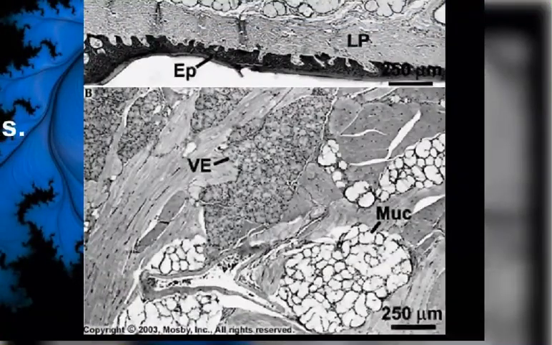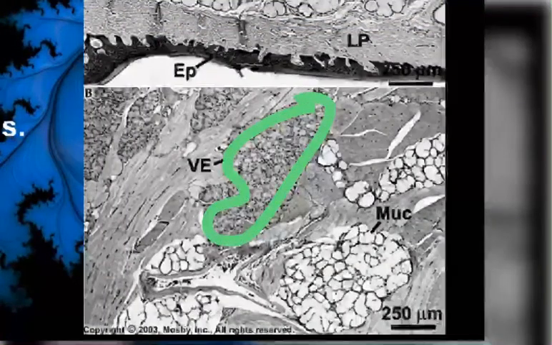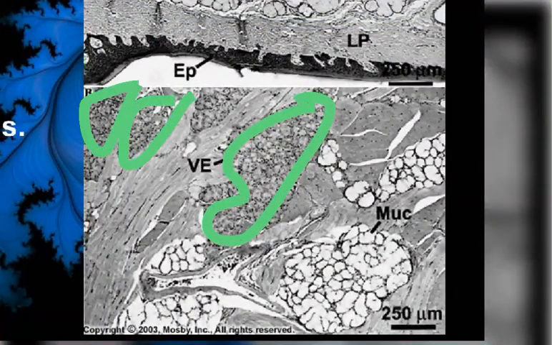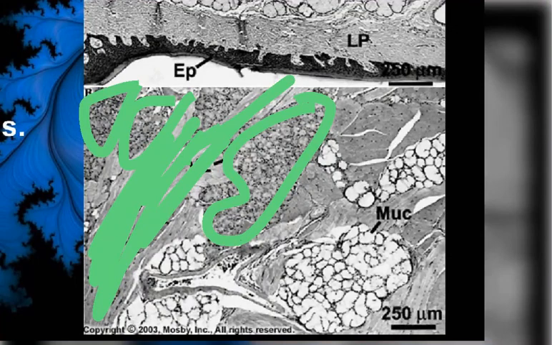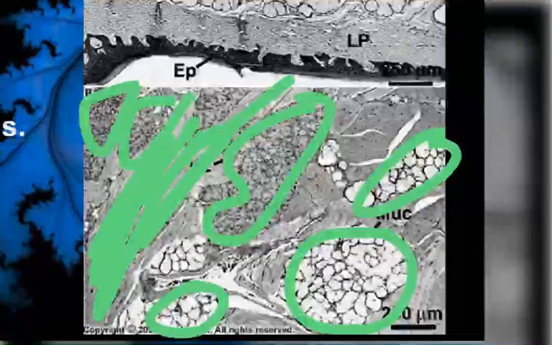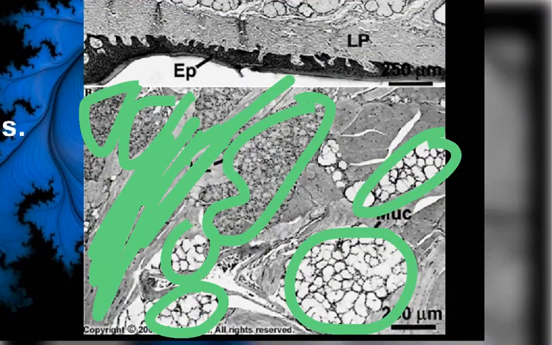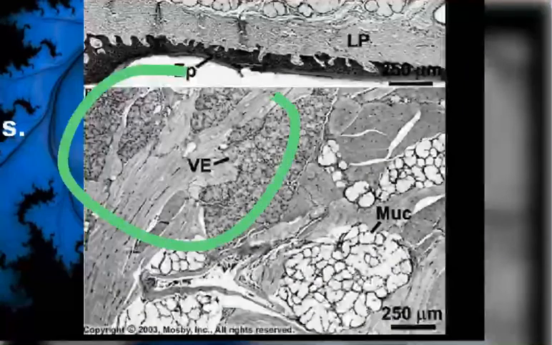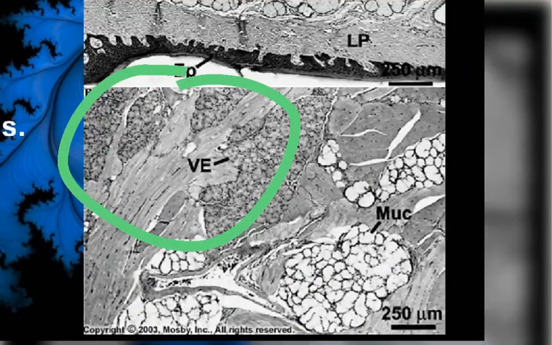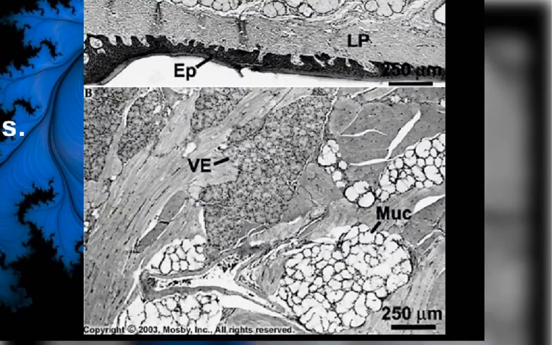Here, see von Ebner gland. These are muscle fibers. These are mucous minor salivary glands in the posterior 1/3 of the tongue dorsum. And the von Ebner glands are at the junction between the anterior 2/3 and posterior 1/3.